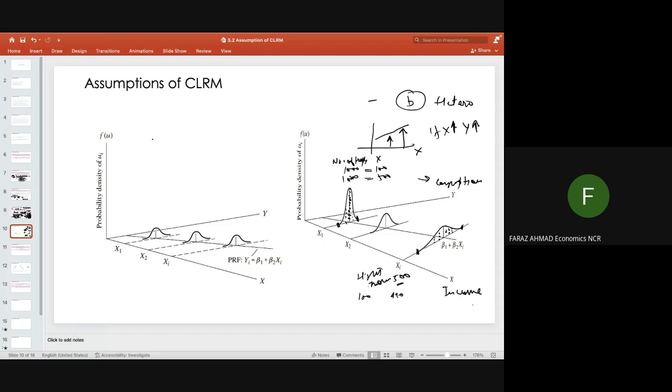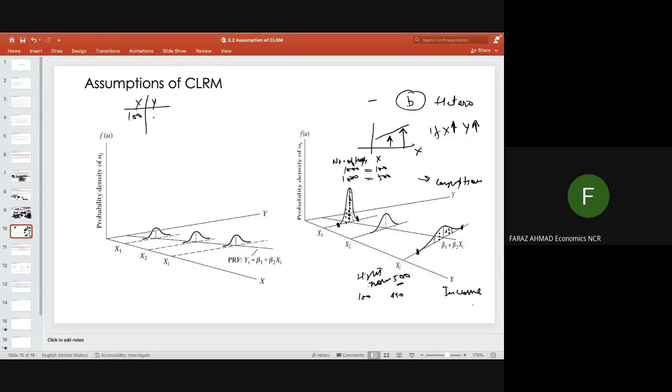For example, let me take a very simple example to understand this fact. Suppose if income is 100, consumption is say 80 on an average, right?